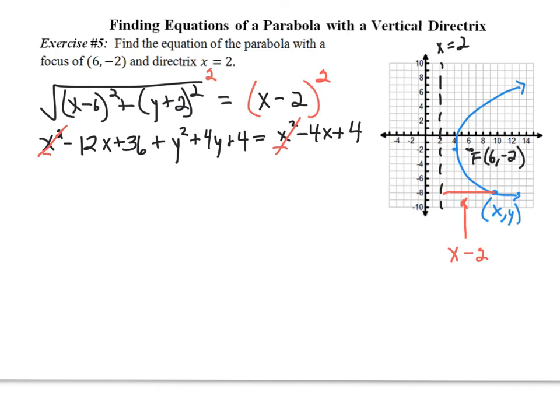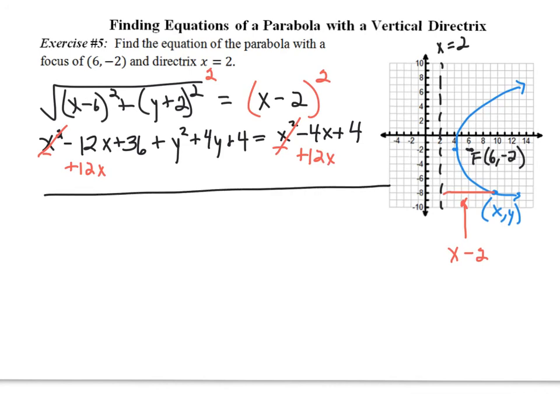What that tells me is that I want to get my equation where the x is by itself this time, because this is a sideways parabola. So to do that, I'm going to add 12x to both sides of the equation.